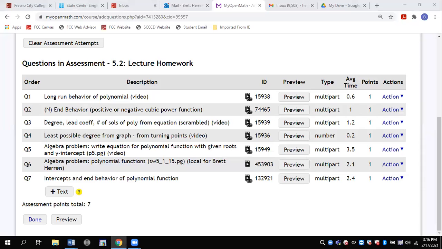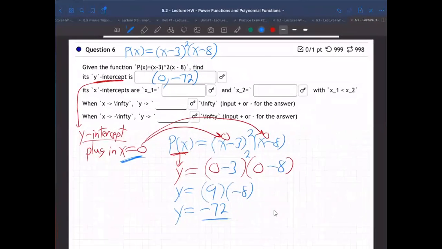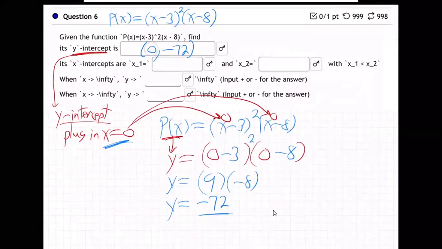Let me switch back to my iPad here. There we go. Okay, so all they want then is the −72 on this one. They just want the y value. Normally they want the parentheses with x and y. If you're ever unsure when you're doing the homework, you can just click show the answer and you can see it. Okay, so now let's keep going.